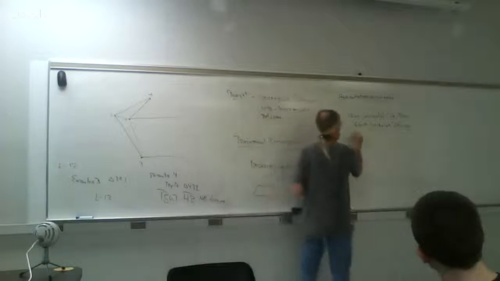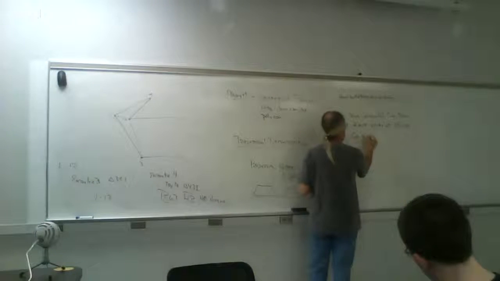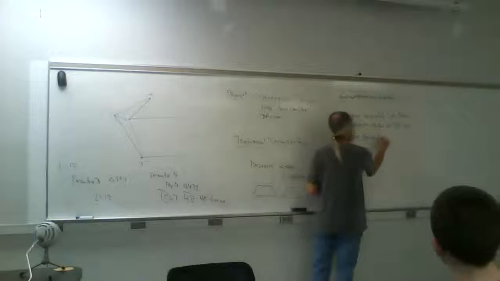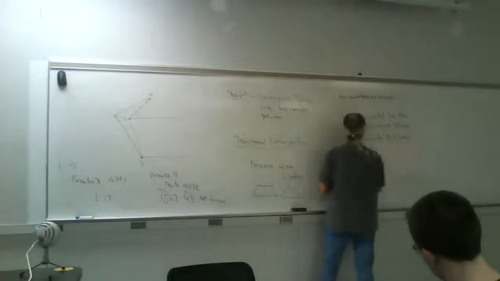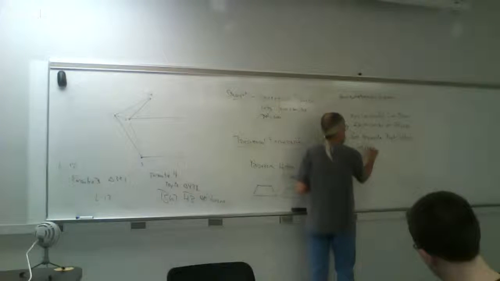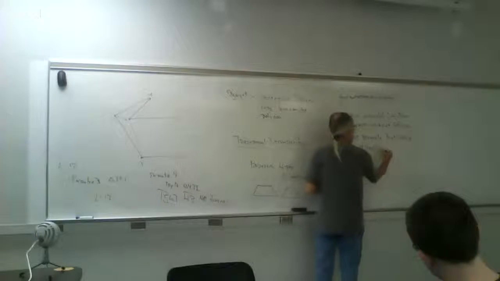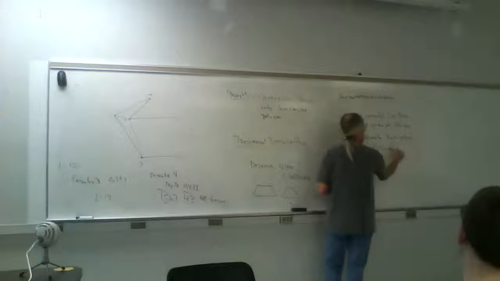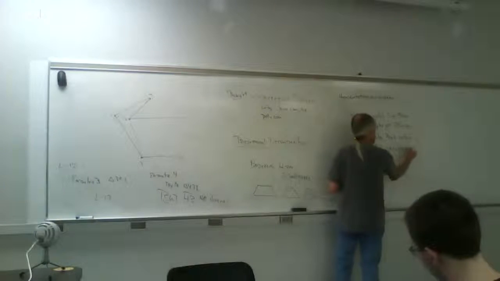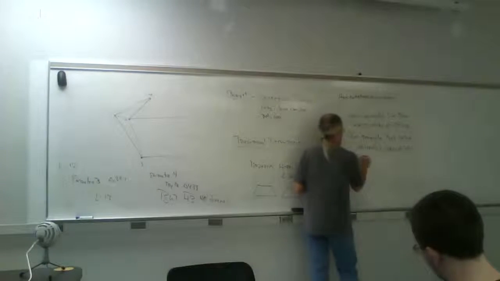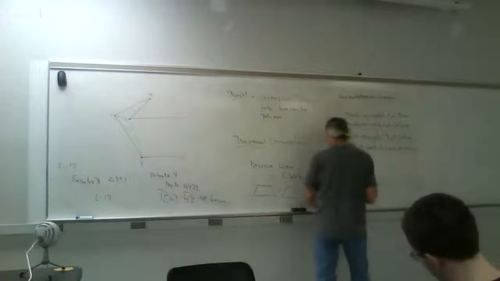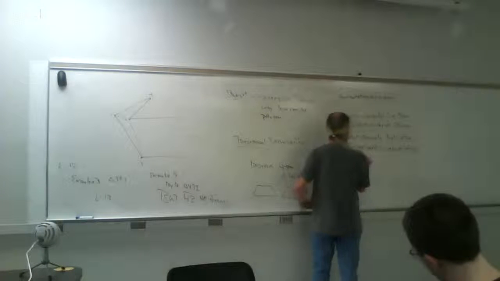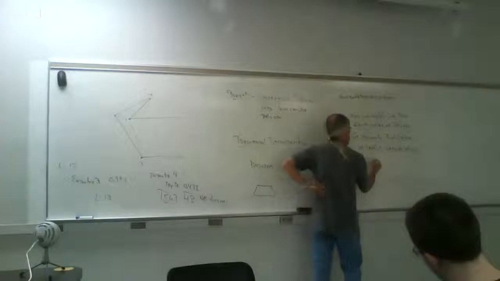So we get segments that contain usually at least one vertex of the polygon, and other points of the polygon.